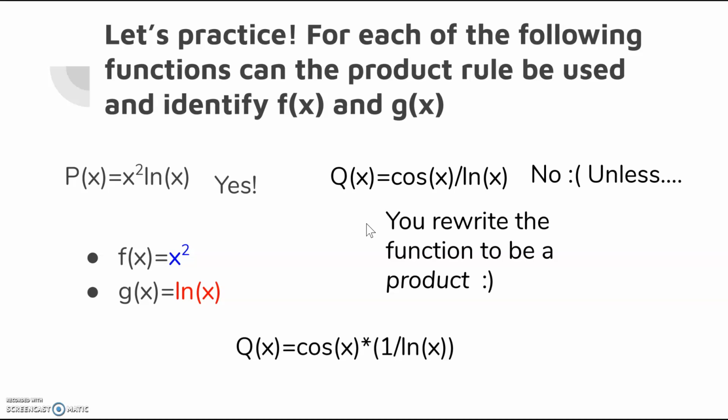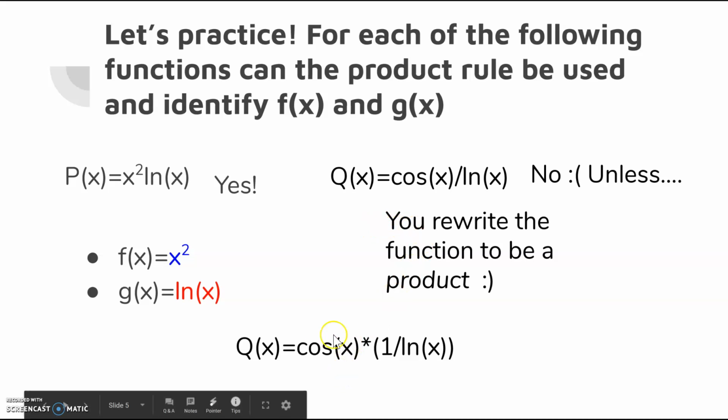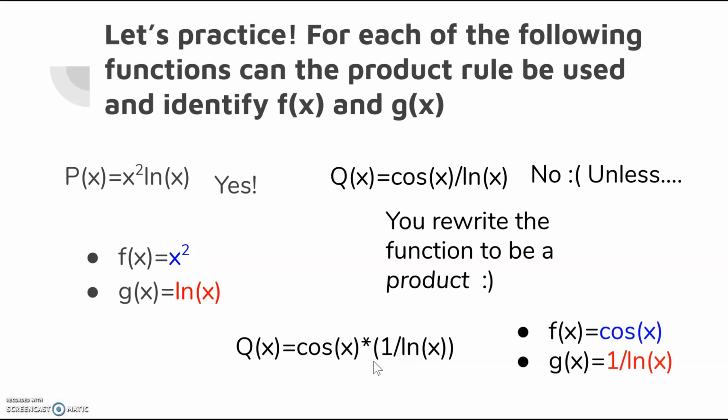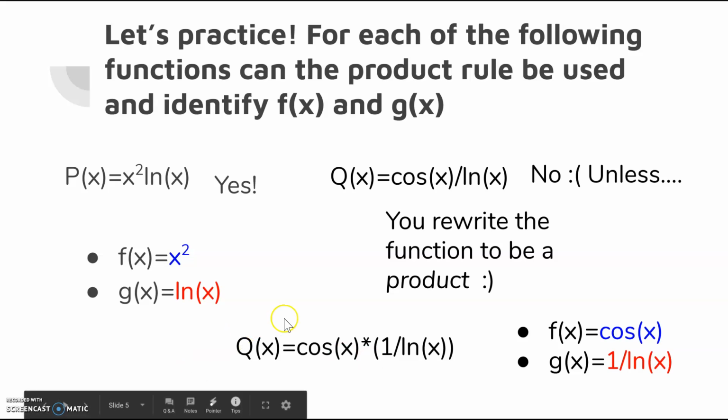In this case, let's rewrite it as cosine of x times 1 over ln of x. It's the same exact function as the one listed above, but this time it's something we can use the product rule for. And in the bottom q of x, the two pieces of this function would be cosine of x, and the second would be 1 over ln of x.